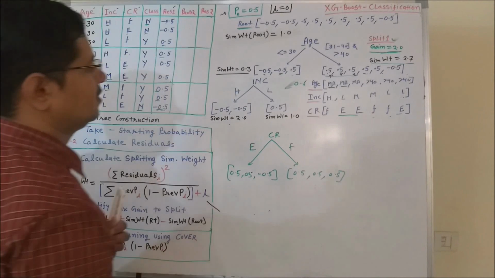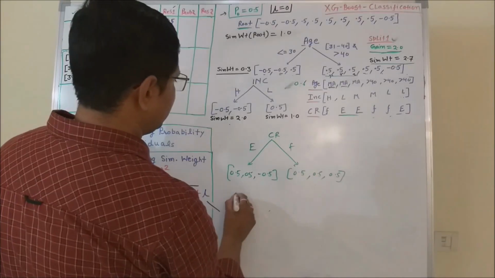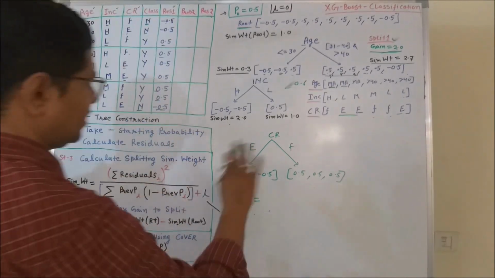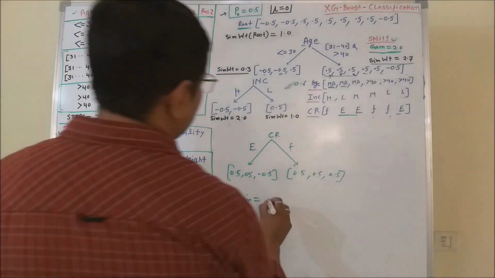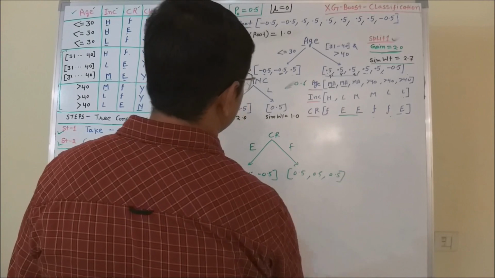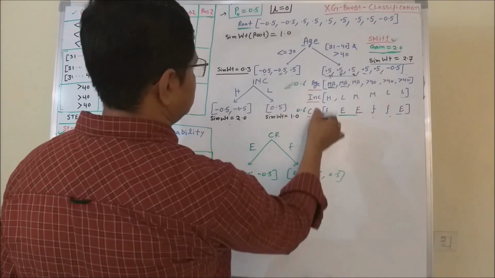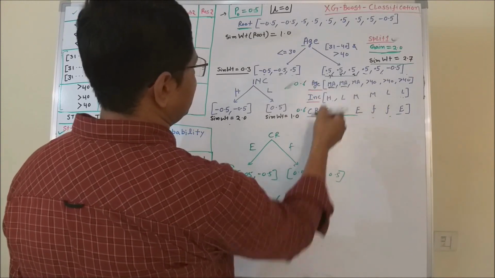So once you solve for credit rating, you will get the gain equal to, let us solve it as an exercise, something like 0.6, which is very similar, so tough competition with age.